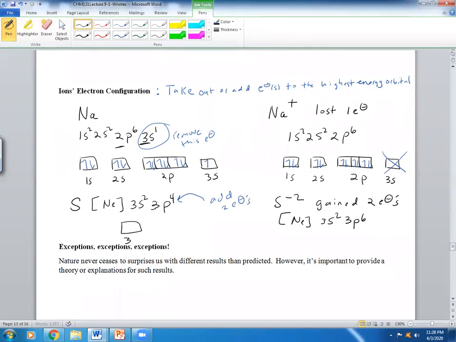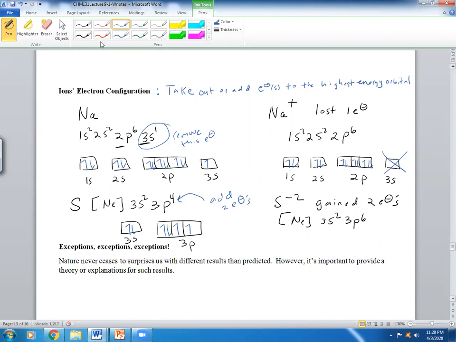So this is a 3s, and this is the 3p. For the 3s, it's up, down. 3p4 is up, up, up, down. So it's paramagnetic.